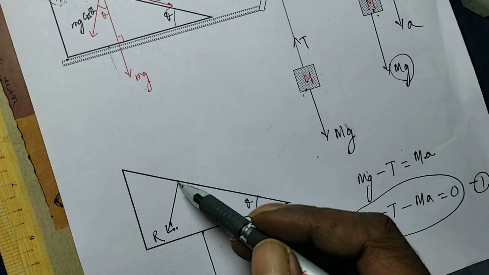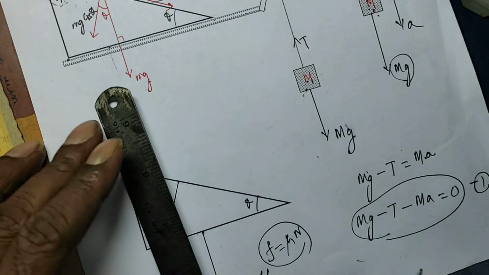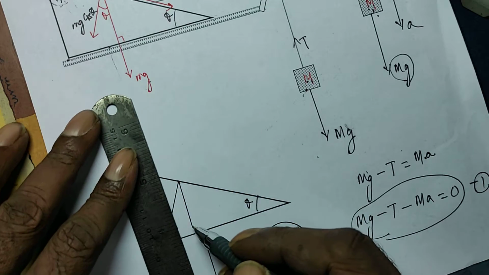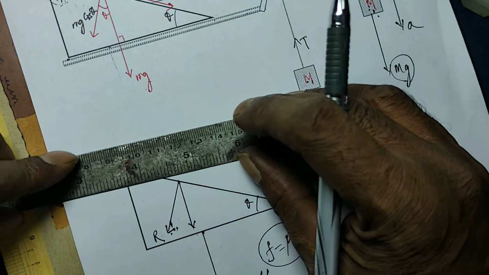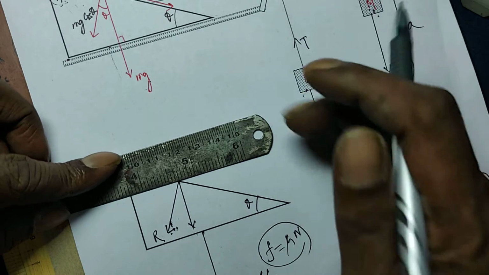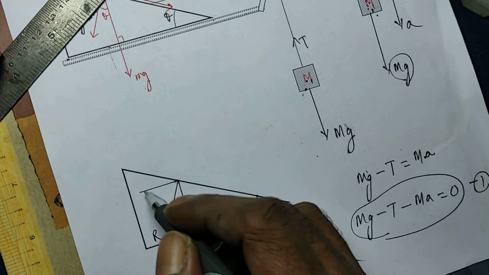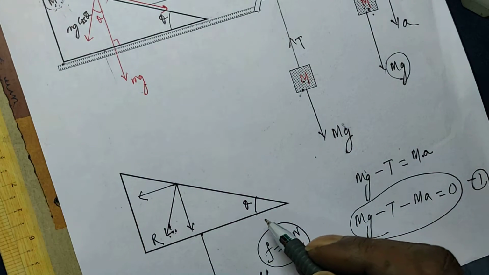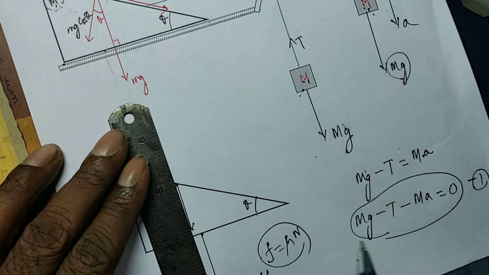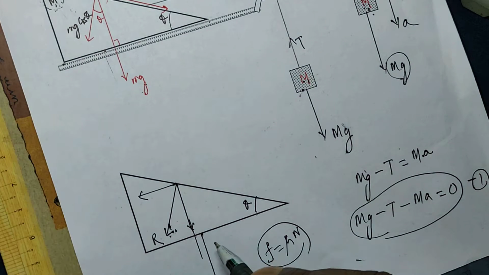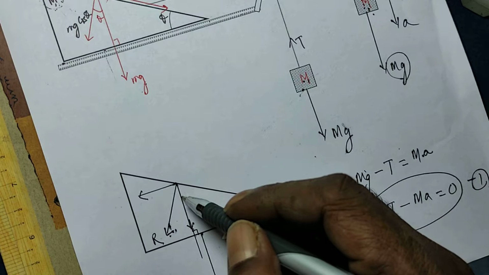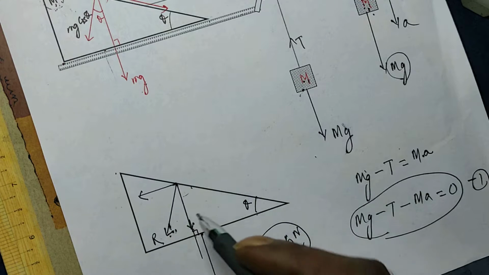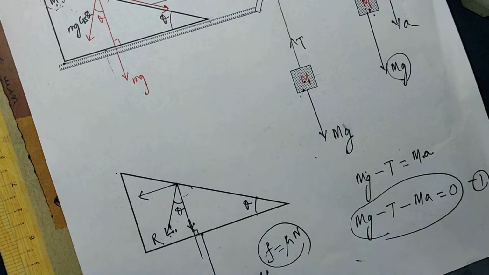Now this angle is given as theta. Let us resolve this R into two rectangular components, one component like this and another component like this. If this angle is theta, this is 90, so this will be 90 minus theta, and since this is normal to this line, this will be theta.